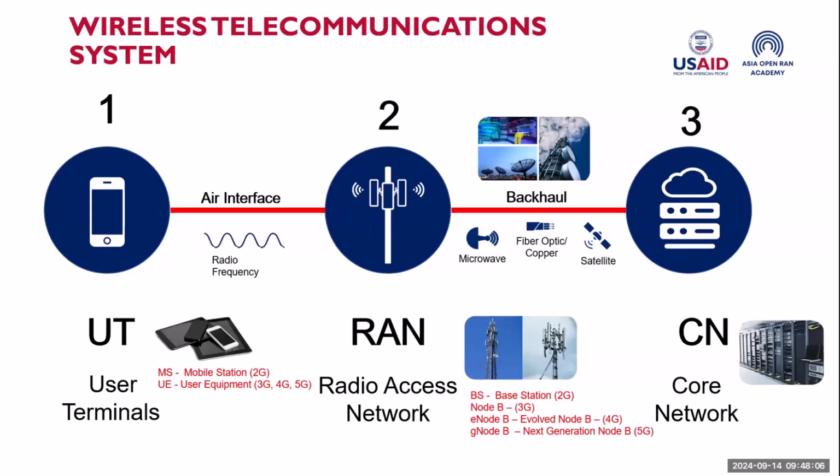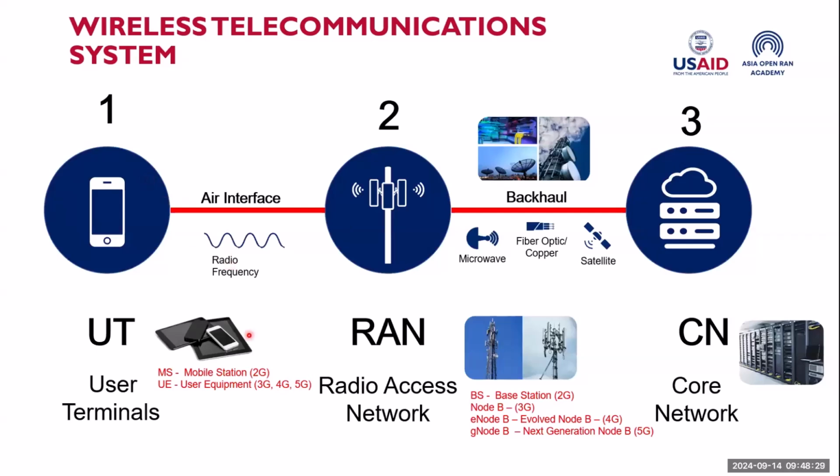The one that connects the user terminal to the core network is the radio access network. And the one connecting the user terminals and the radio access network is the air interface, an invisible connectivity that we call electromagnetic energy, or radio frequency.